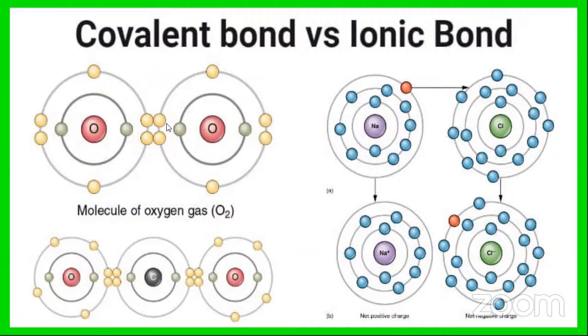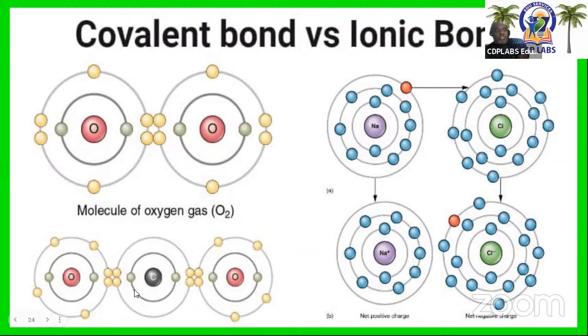Sir, for the two top pictures, it's the same. No, look at this one. Not this one. Look at this one. What is it actually telling you? What is the difference between covalent bonding and ionic bonding? What it looks like with the oxygen atoms, in your own words.